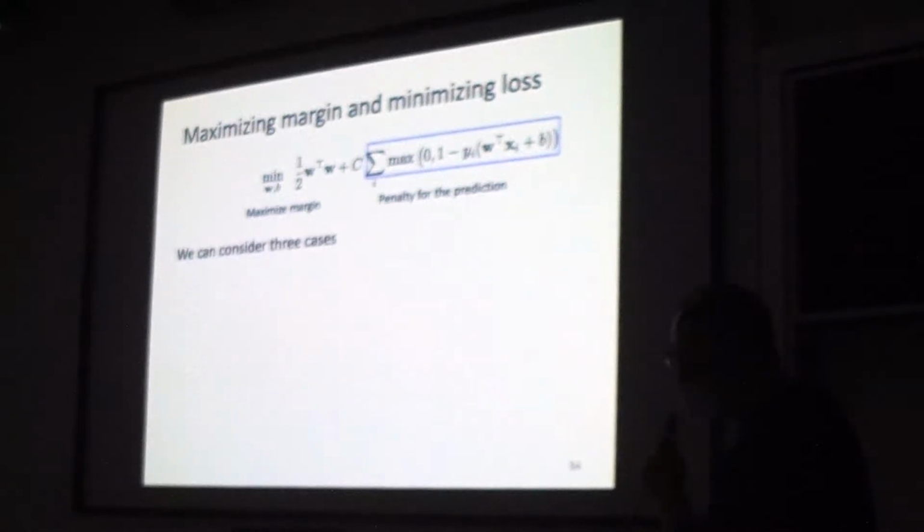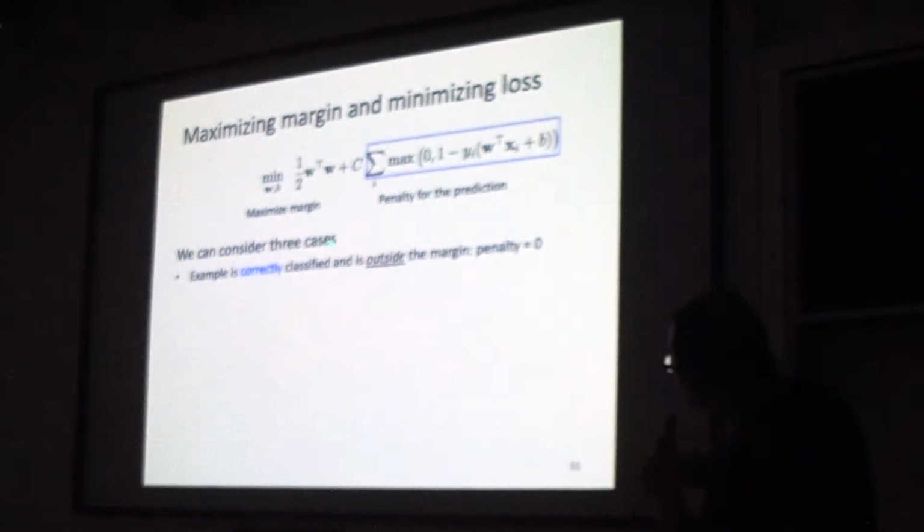Why? We can consider three cases. First, if the example xi, yi is correctly classified and it's also outside the margin, the value of this max is simply 0. Why?